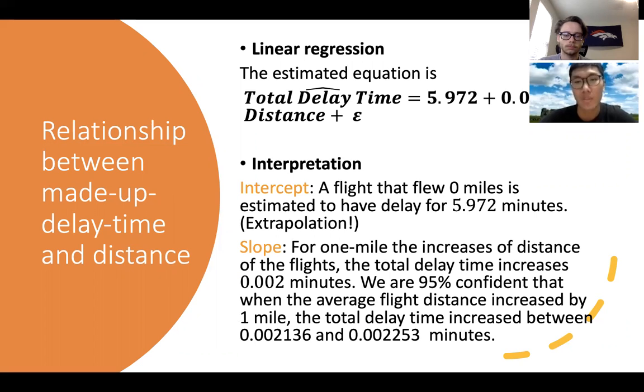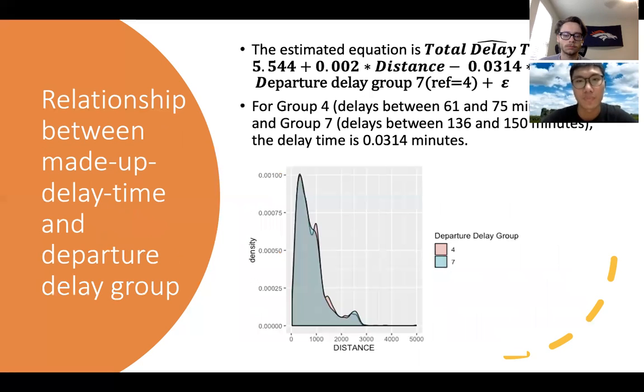And we are 95% confident that when the average flight distance increases by 1 mile, the total delay time increases between 0.2 and also 0.2 minutes.